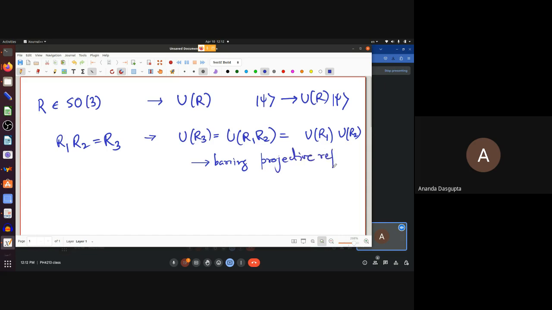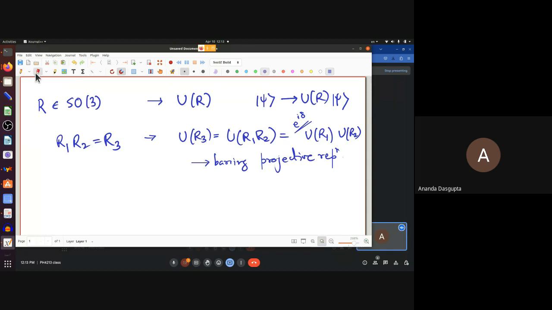That is, you could have an extra phase factor here, which could have depended on both R1 and R2, and also perhaps on the state psi. And you can argue that it doesn't. But still, the fact that you could have had a phase factor here is not ruled out by basic quantum mechanics, because quantum mechanics only talks about states up to a phase.